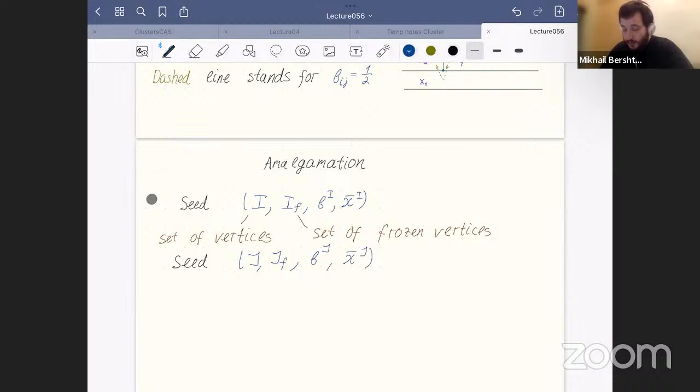And assume that we have some subset L, some set which has 2 embeddings, one embedding to I_F, another embedding to G_F.